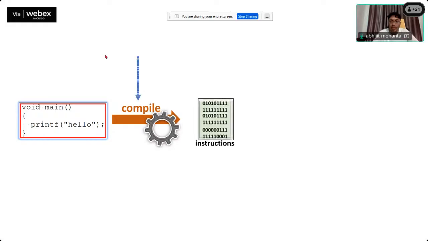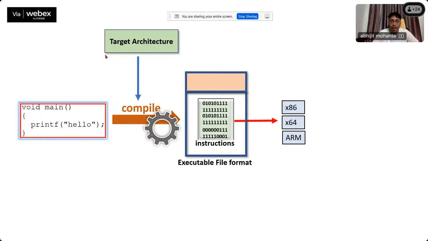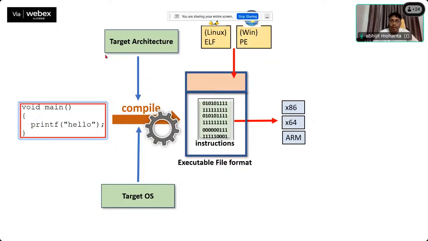Your instructions are generated based on your target architecture, which is input to the compiler. This is wrapped in an executable file format, decided by the input to the compiler based on the operating system. So it would be ELF for Linux and PE file for Windows.